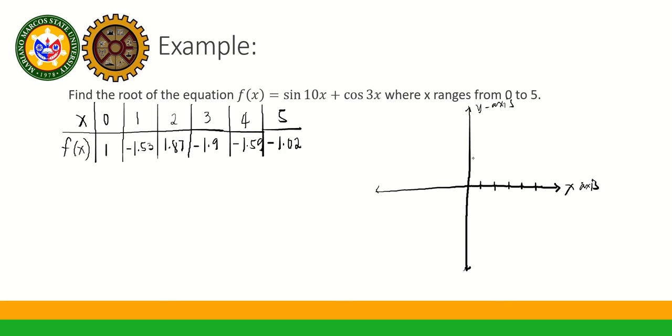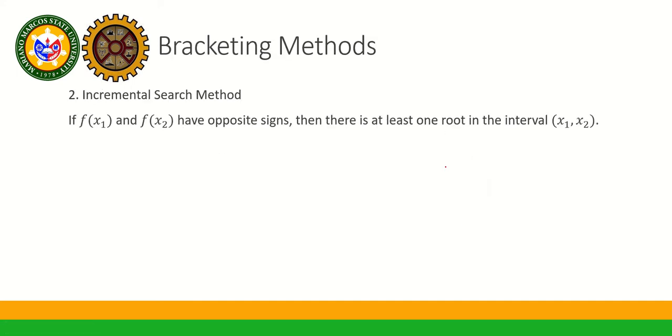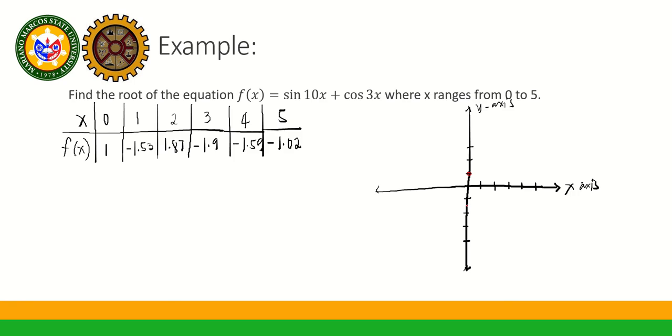Okay, so dito siya. This is 1. Okay, so yan. At f of x is equal to 1, at x is equal to 0. Now, for x is equal to 1, so dito siya, f of x is equal to negative 1.53. So if this is 1, okay, so negative 1.53 natin will be dito sa gitna.